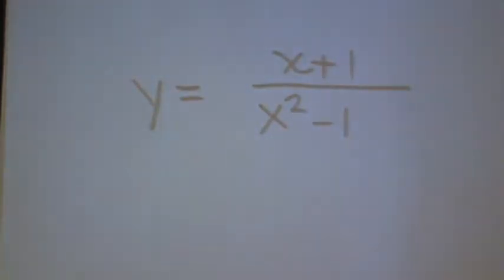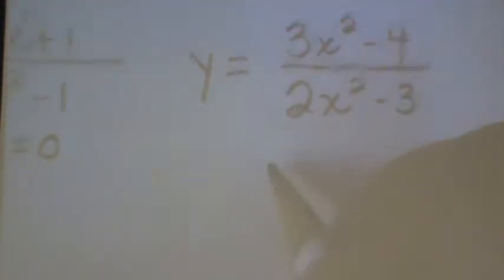Good. This one's bottom heavy, if the degree of this is 2 and the degree of this is 1. If it's bottom heavy, we're talking about a horizontal asymptote. It's going to have y equals 0 as a horizontal asymptote.